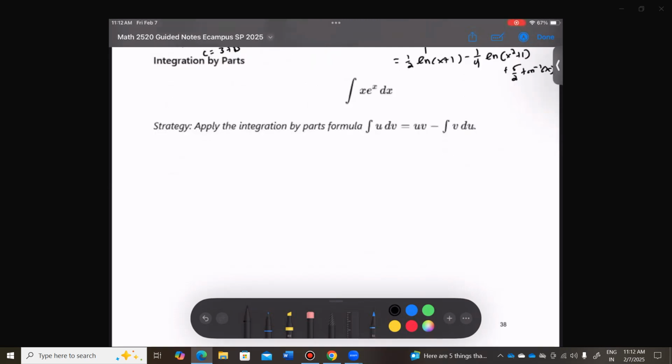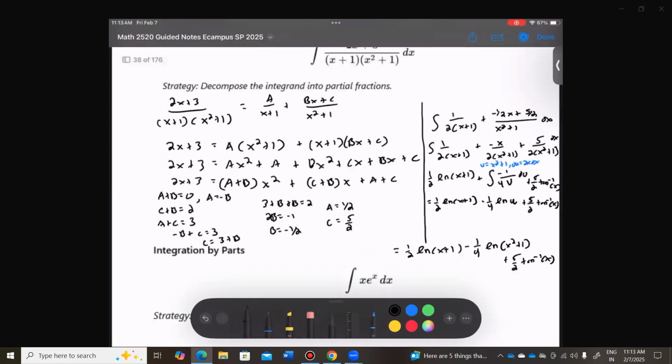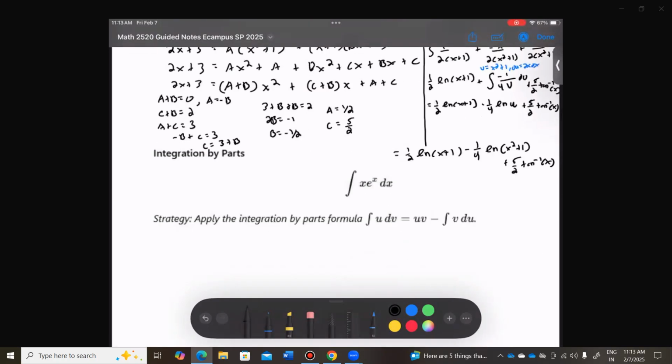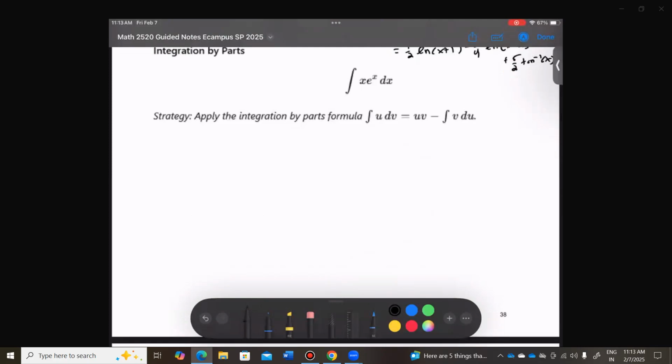Right. The next type of strategy is integration by parts. This is when we have things multiplying. So partial fractions, when you have some kind of fraction involved. When you have things multiplying in an integrand, we can use integration by parts at times. So here we'll let u equal x, so du equals dx, and dv equals e to the x dx, so v ends up being just e to the x.